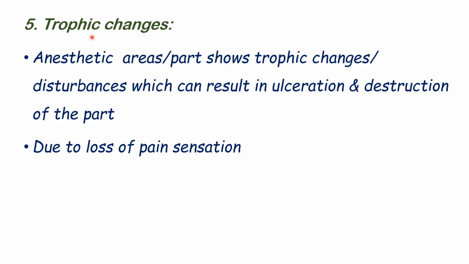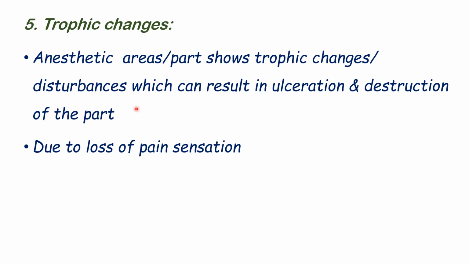Another important effect of the posterior root section is trophic changes. Whenever a part or area of the body loses sensation, we have anesthetic areas, and loss of sensation means anesthesia. We have already read about anesthesia. Anesthetic areas or parts show trophic changes or disturbances which can result in ulceration and destruction of the part.